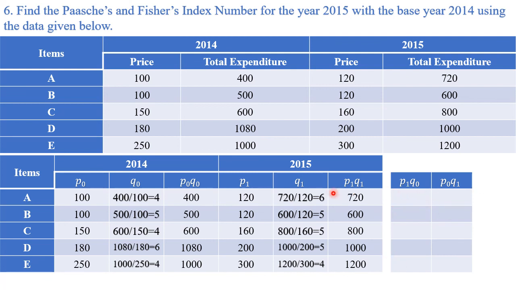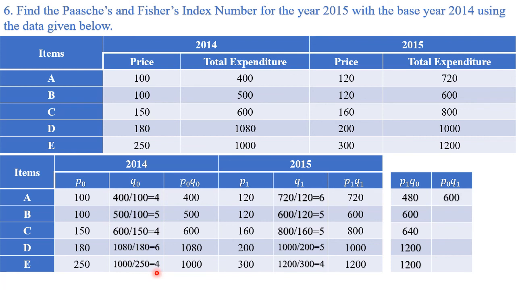So P1 Q0, this is P1 and this is Q0. So just multiply these 2 values here. Okay, P1 and Q0. So 120 into 4, then 120 into 5, then 160 into 4, then 200 into 6, and 300 into 4.